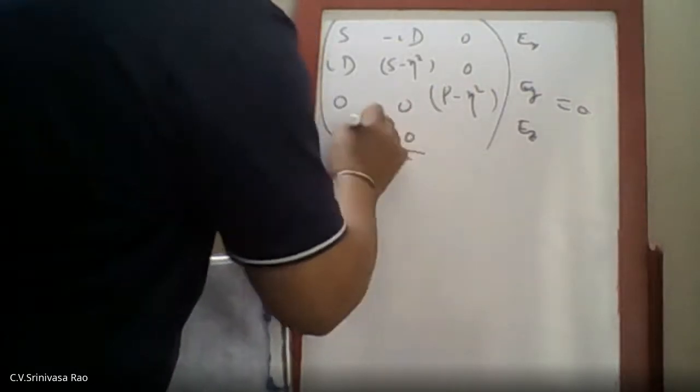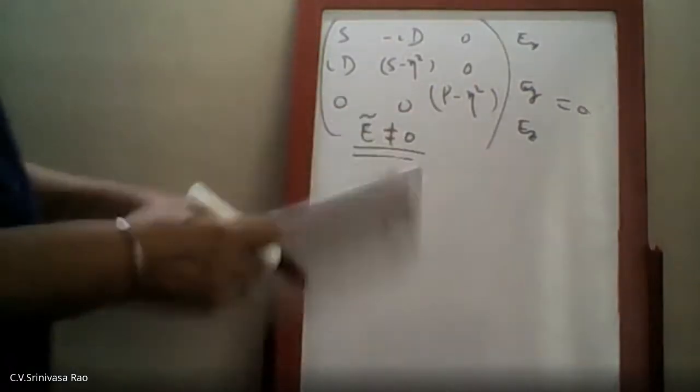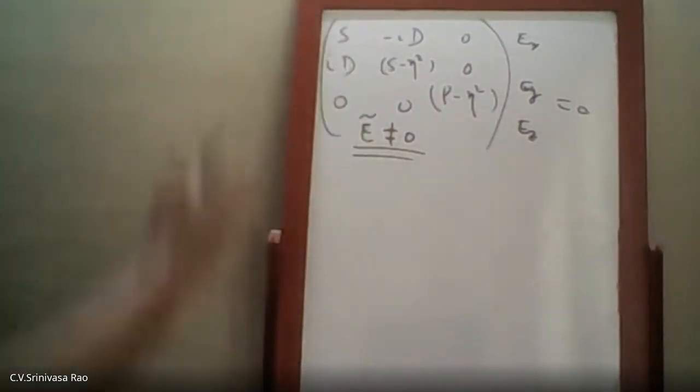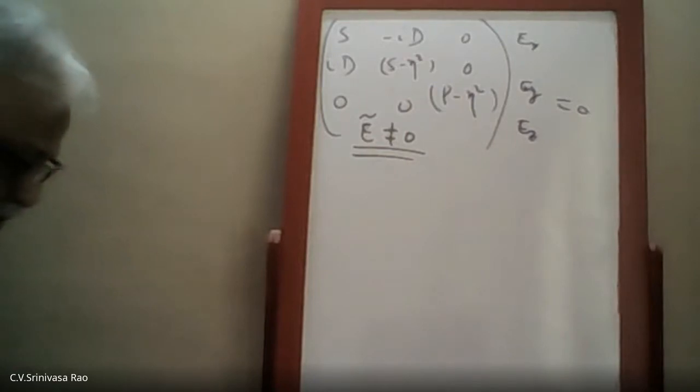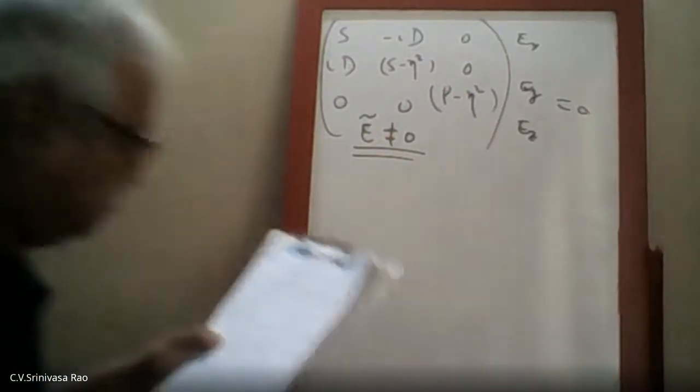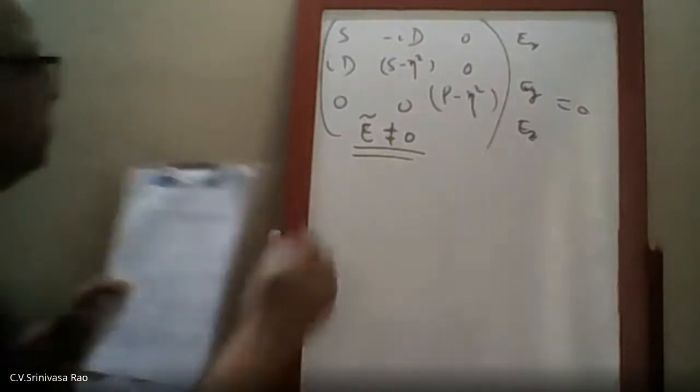They are the non-trivial solutions. So those non-trivial solutions basically come out from this 3 by 3 matrix. We'll have to now get the determinant of this and make it vanish. So when you do that, you'll observe two independent modes which propagate in the plasma.